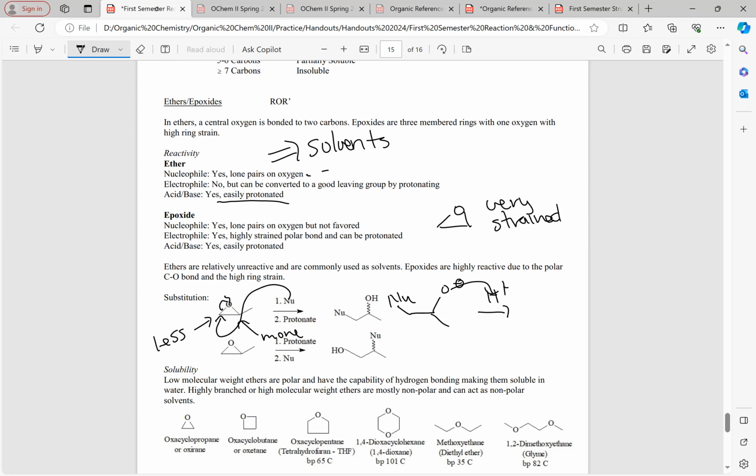But if you protonate first, okay, this is now more stable. So if you will, kind of like the bromonium ion, when the bond breaks, the positive charge would go to the most stable spot, and that is now the other carbon. And then your nucleophile now attacks that spot and kicks out.